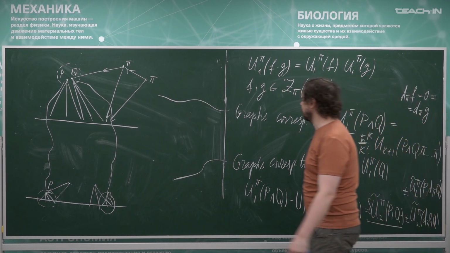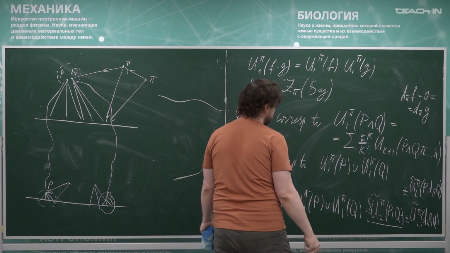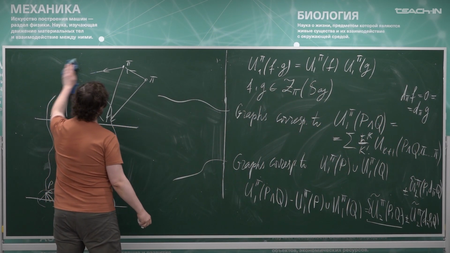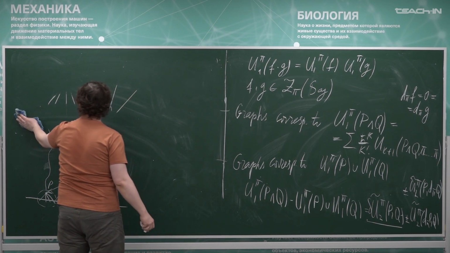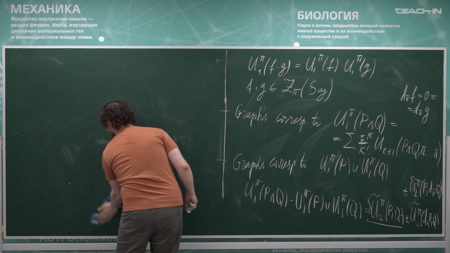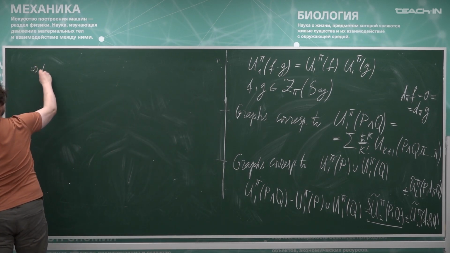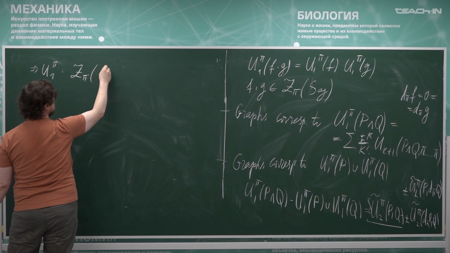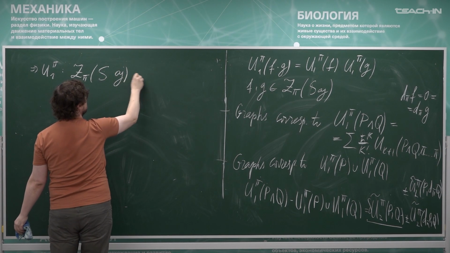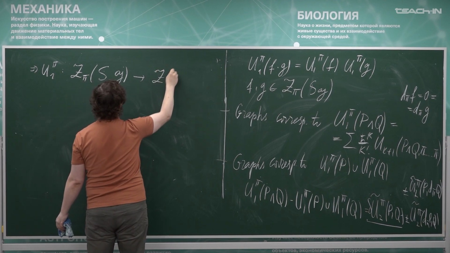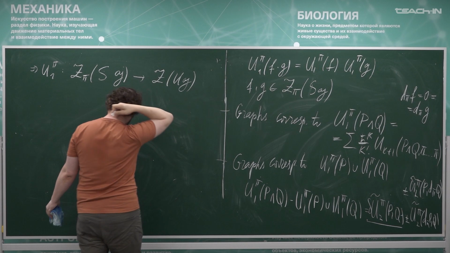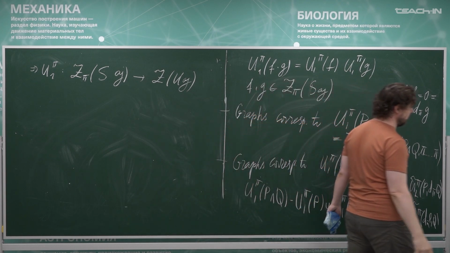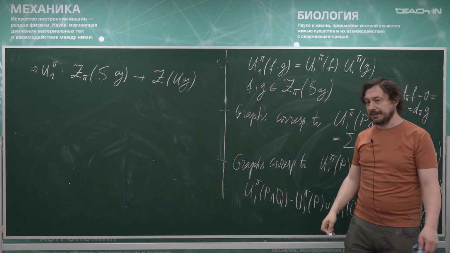So it means that the map u1 pi induces a homomorphism of algebras on the level of centers, from the Poisson center of SG into the usual center of U. And, well, it is not yet clear that this map coincides with Duflo's map, but this can be proved, and that's what Kontsevich does.